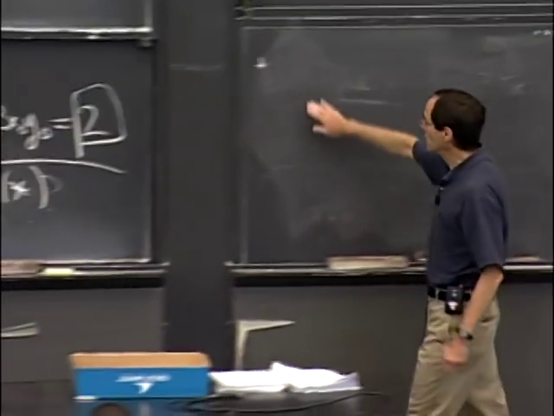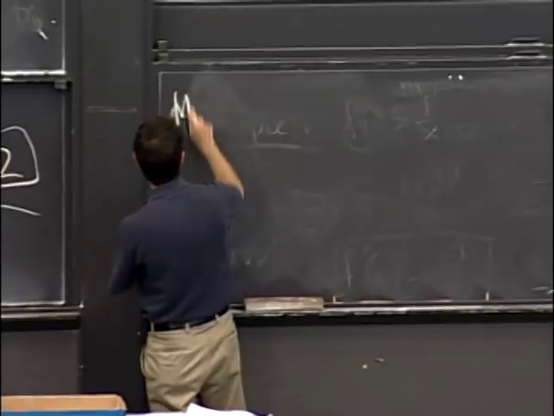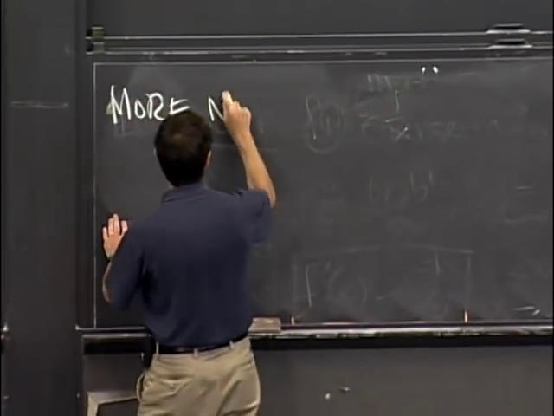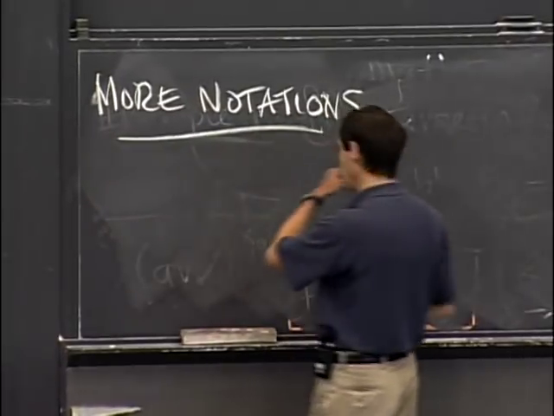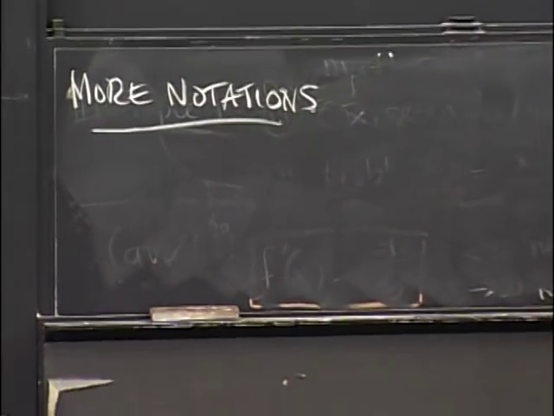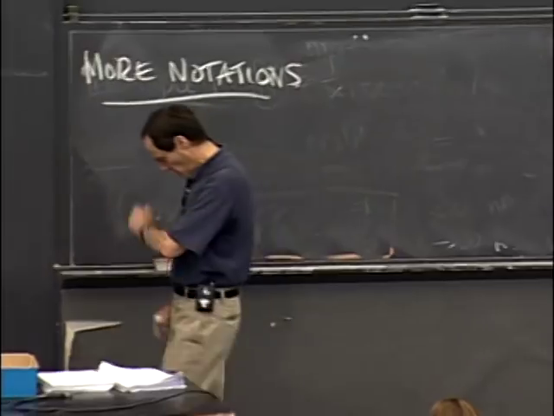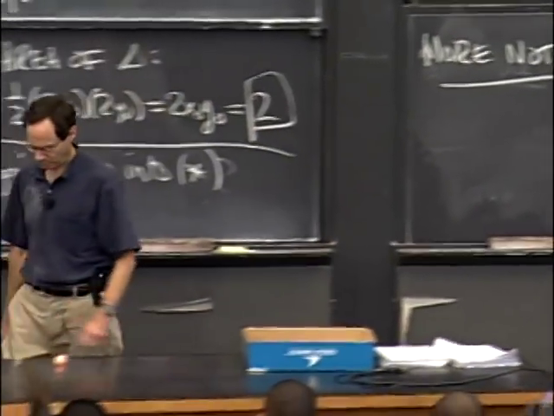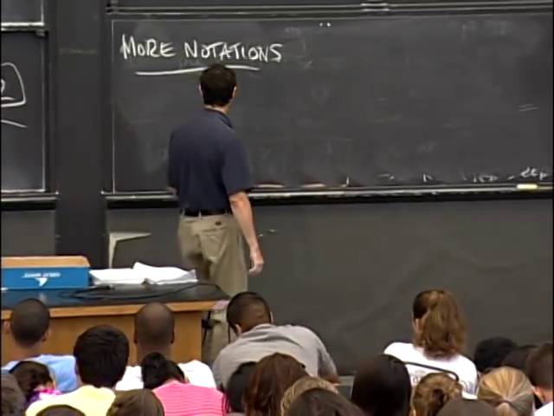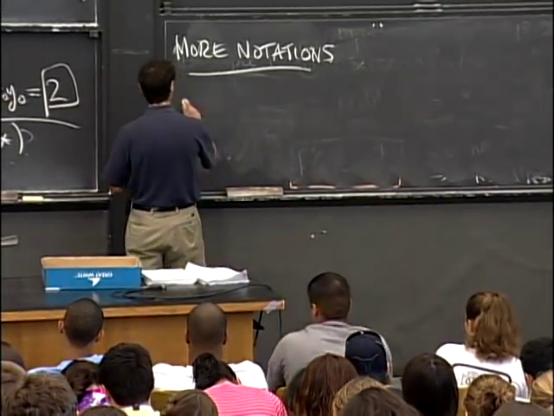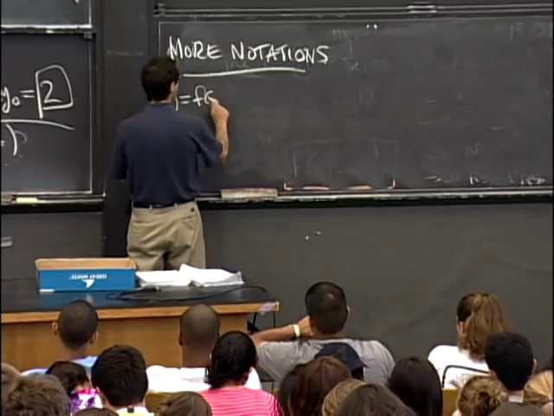So first of all, I want to give you a few more notations. These are just other notations that people use to refer to derivatives. And the first one is the following. We already wrote y is equal to f of x.